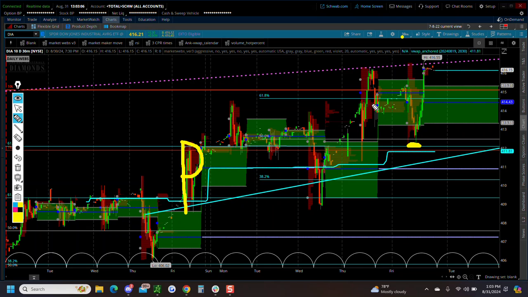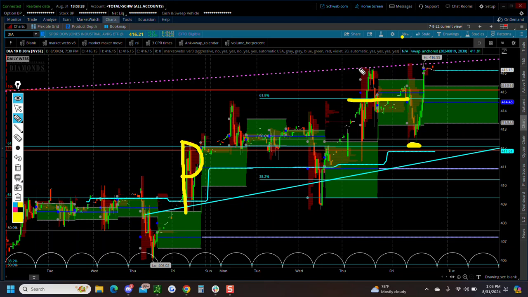We have to prove that's going to be a new higher low support, which has not been proven because it's already broken. So the only support we have is right here. Just be mindful, everything that happened Friday technically isn't supported. It can be, but it technically isn't. So we got to be mindful of that.